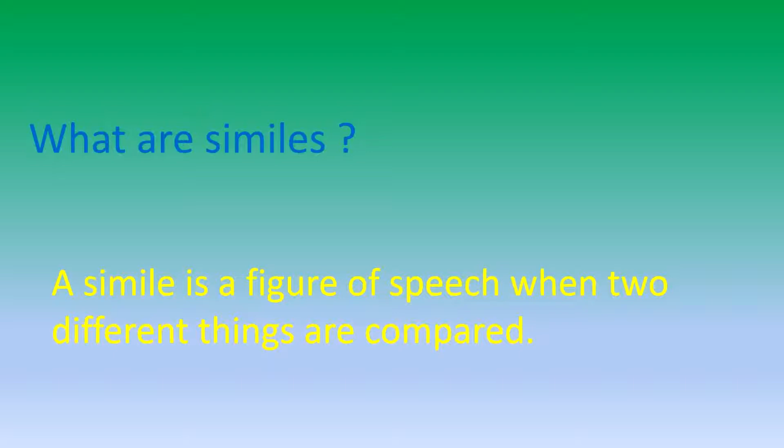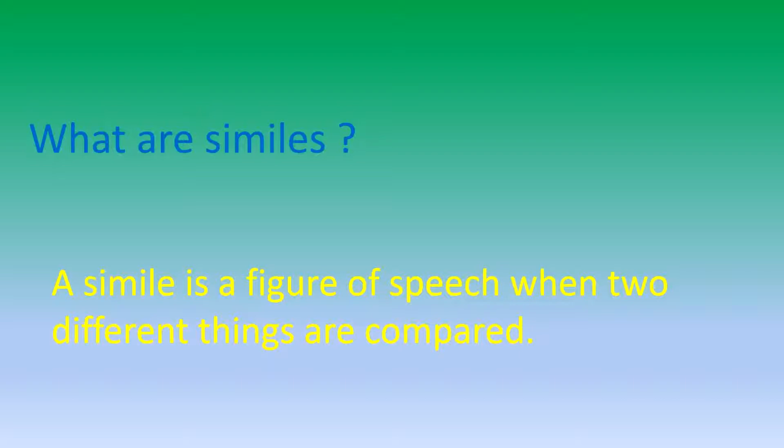Many times we use some qualities of a thing or a person to compare with something else. For example, if you see a baby, you will sometimes say the baby's cheeks are as soft as butter. Sometimes you will say the baby's lips are as pink as a rose.